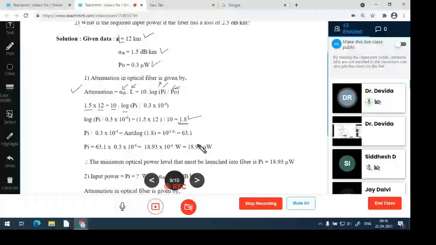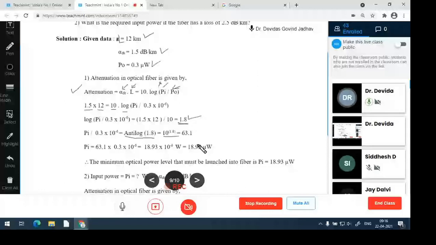It comes out by calculator as 1.8. Now we know log of Pi divided by 0.3 into 10 raised to minus 6 equals 1.8. So we will find Pi divided by 0.3 into 10 raised to minus 6 by taking the antilog of 1.8. Directly you can find it with the calculator. Otherwise, antilog means 10 raised to that value.